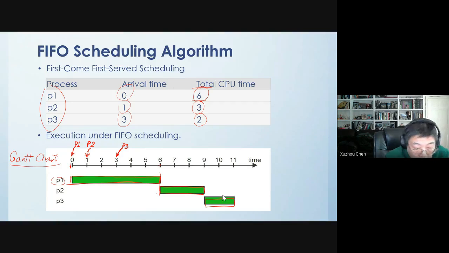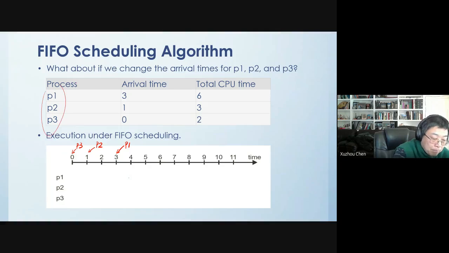Now let's take a look at a similar problem, but I'm going to slightly change the order of arrival time. I still have the same 3 processes, P1, P2, P3, with total CPU times 6, 3, 2. But I make process 3 arrive first, process 2 arrive second at time 1, and process 1 arrive at time 3.